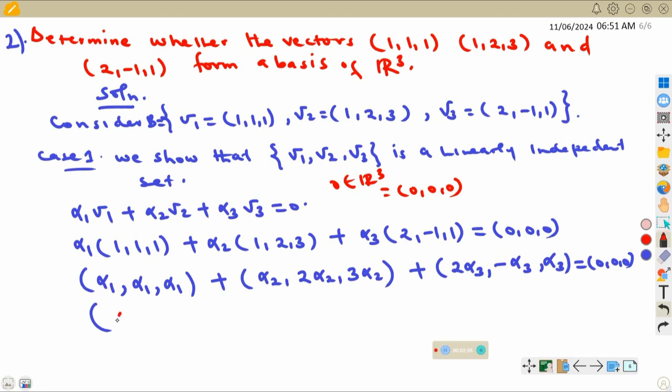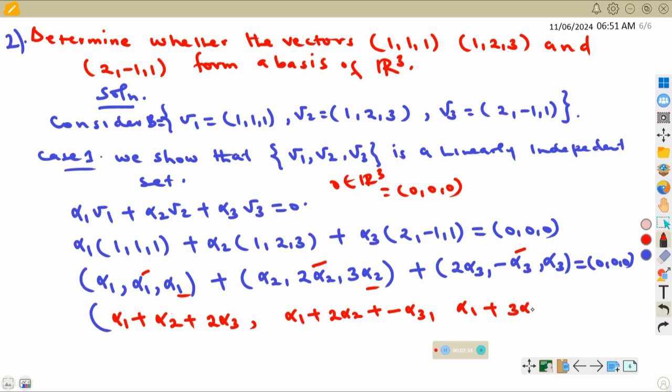So we shall have alpha 1 plus alpha 2 plus 2 alpha 3, then alpha 1 plus 2 alpha 2 minus alpha 3, and next alpha 1 plus 3 alpha 2 plus alpha 3. This is equal to (0, 0, 0).